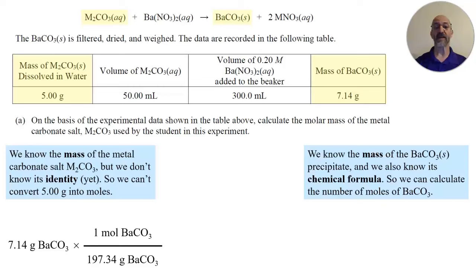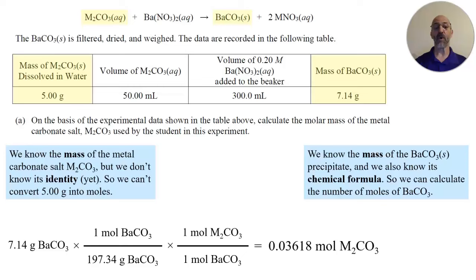I will add that to my calculations. And now if I do this math of 7.14 divided by 197.34, I don't just get moles, I get moles of a chemical that I don't know the identity of, at least not yet. So I have moles of M2CO3, and that works out to be 0.03618.